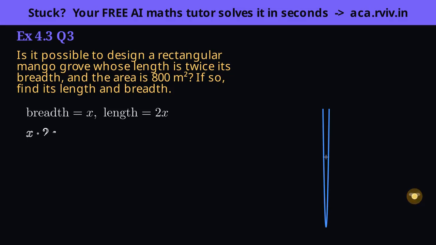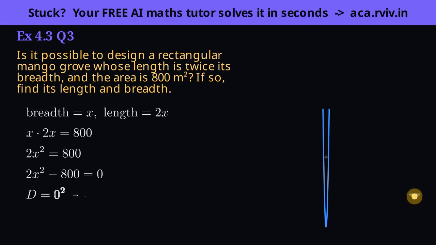Area is length times breadth, and it must be 800. x times 2x is 2x squared. Move 800 across for standard form. Note there's no x term, so b is 0. Now the possibility test.